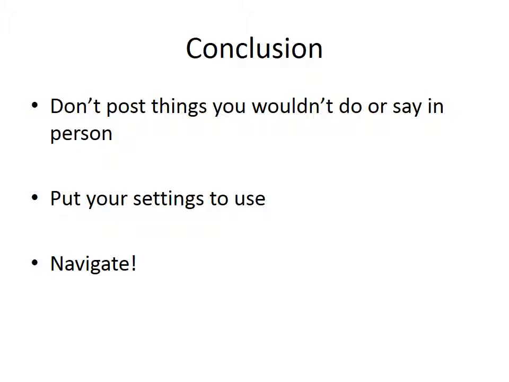To find out about these things or more, or what you like about these applications, you just need to navigate a little bit. Click on the settings. Go. Figure out what you like and what you don't like about each thing, which preference you have for all of the settings. It's just a couple of clicks away. And that concludes my presentation.